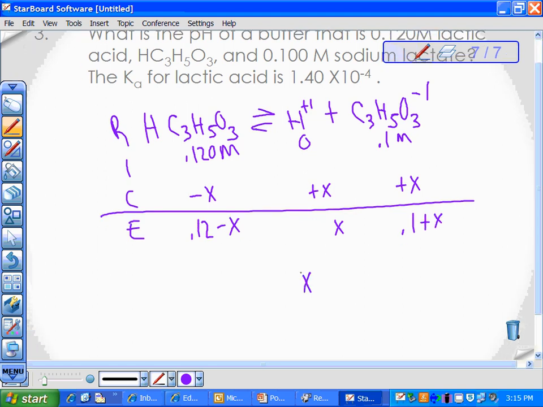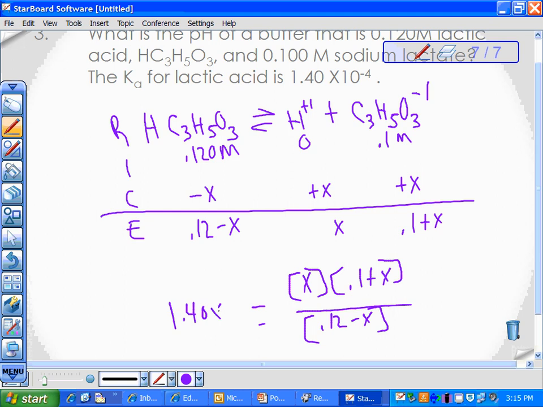On the top, we'll go x times 0.1 plus x. On the bottom, 0.12 minus x. And that's going to be set equal to the Ka, 1.4 times 10 to the negative fourth. You can mark through these, and you cross multiply and solve. You will find your x. I'm going to switch my page.